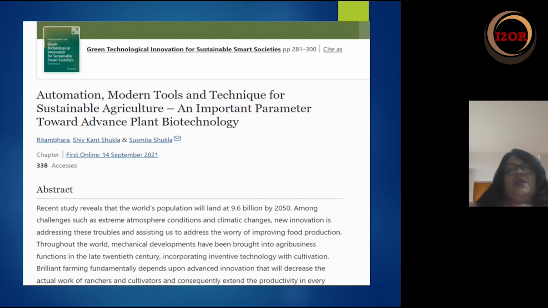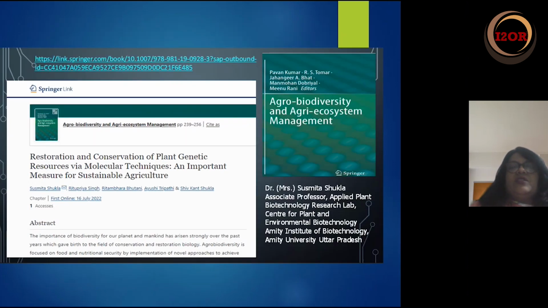These are some of the important chapters which have been published, keeping in mind the important parameter of this global conclave, which is aiming for sustainable agriculture. You can go through this chapter and understand what automation and modern tools we have talked about for attaining sustainable agriculture.